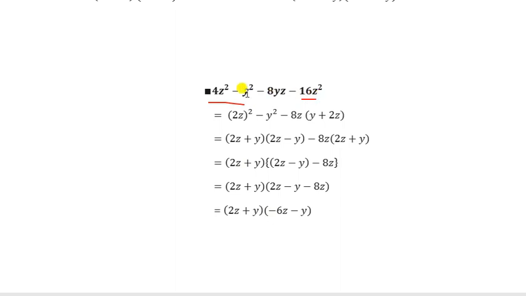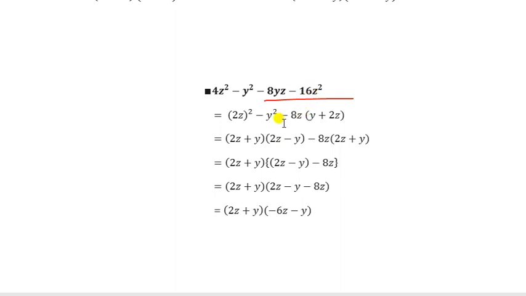Okay, that's why I try to make 4z² as (2z)², and y² is already present in square form. So we can write this in the form a² − b². And from these two terms, we can take common −8z. See nicely, from 8 and 16 you can take 8, and from both terms you can take z.